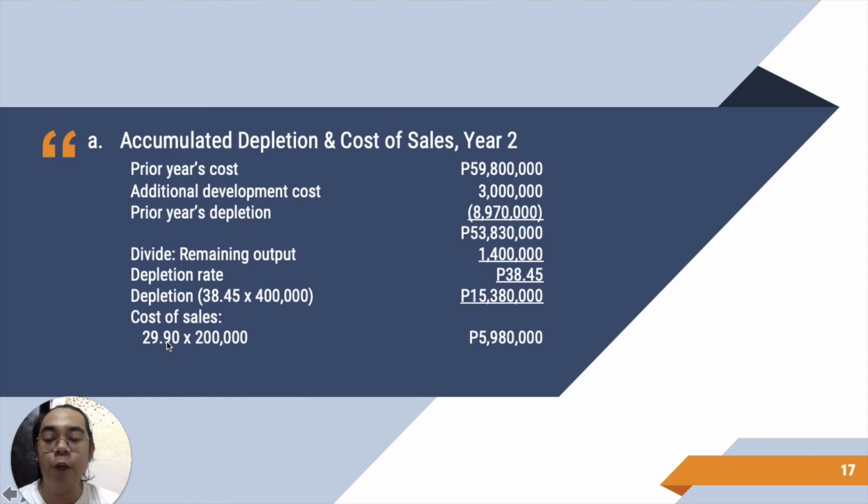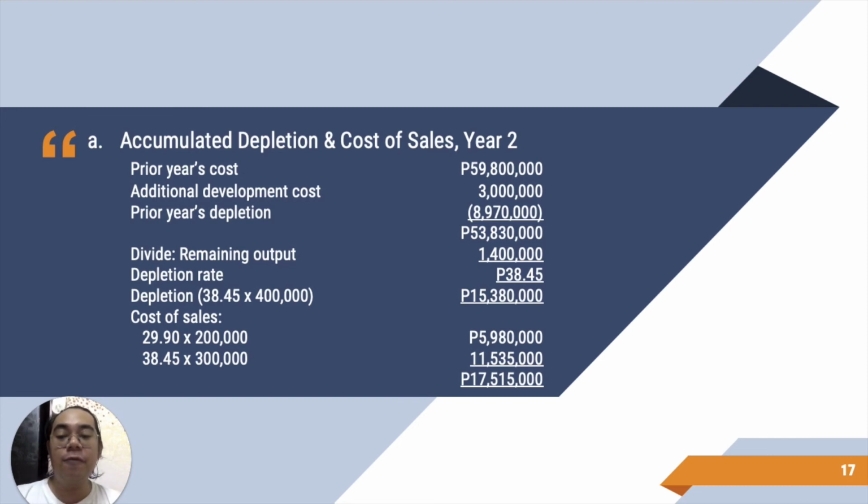So, 29.9 times 200,000, that's 5,980,000 plus yung this year na depletion rate, which is 38.45 times 300,000. So, ang total na nabenta ay 500,000. That's 11,535,000 for a total cost of sales of 17,515,000 pesos. Okay? So that's it for accumulated depletion and cost of sales for first year and second year.